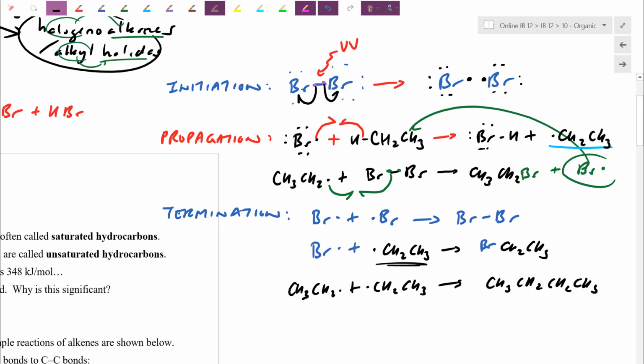Again, not the best way of forming a longer chain. We're going to do a process called reverse cracking in the energy option, but this one here, we only get trace amounts. And that's only because we're not going to get a lot of ethyl radical, and even if I produce ethyl radical, it probably runs into other bromines or bromine radicals to do the substitution reaction.